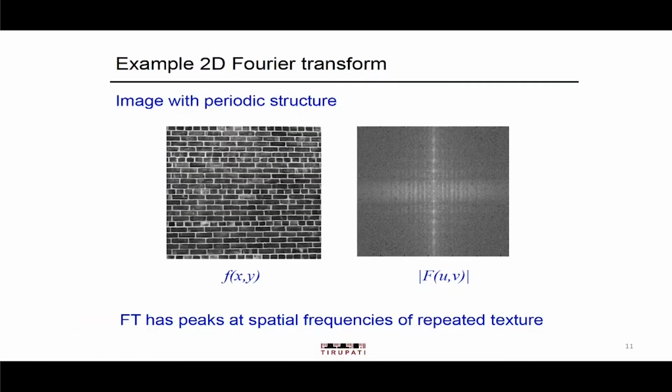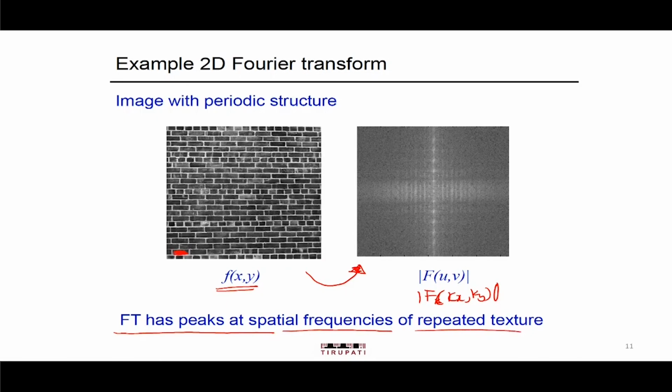Let's make a few more observations from a few other images. Assume that in your image you have certain periodicity. You could see the texture of this brick getting repeated over the entire image. Now if you look at the magnitude spectrum, it has peaks at the spatial frequencies of the repeated texture.